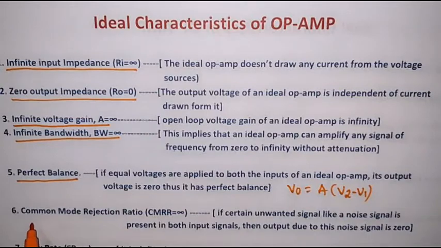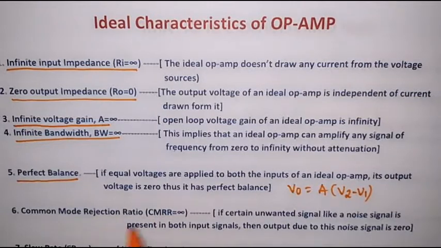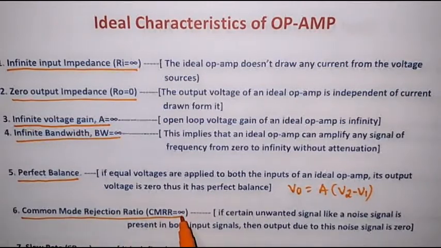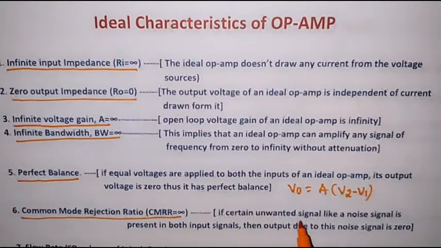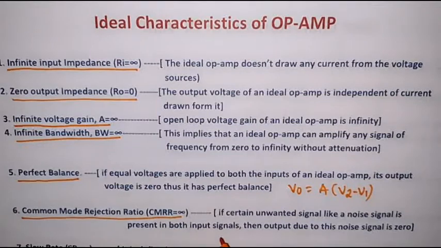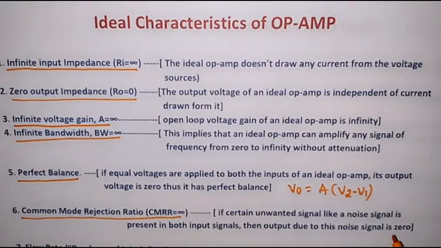The next characteristic is common mode rejection ratio. The common mode rejection ratio, that is CMRR, is equal to infinity. Ideal op amp has infinite CMRR. That is, if certain unwanted signal like a noise signal is present in both input signals, then output due to this noise signal is 0.